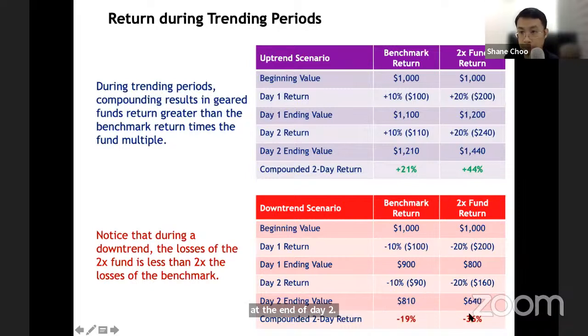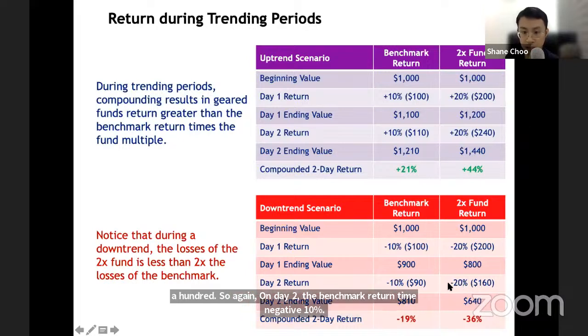So how about the fund return? If you take a look at the 2 times leverage fund, the NAV at the beginning of the period is 1,000. Because the benchmark loses 10%, you actually double your loss, right? It's negative 20%, so you lose 200 bucks and you're down to 800. Again, on day two, the benchmark return is negative 10%, so the 2 times fund will deliver negative 20%.